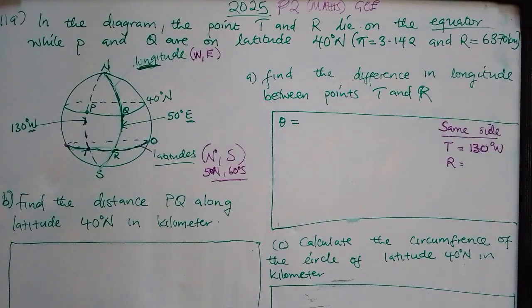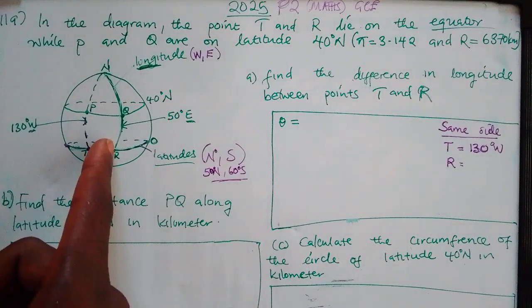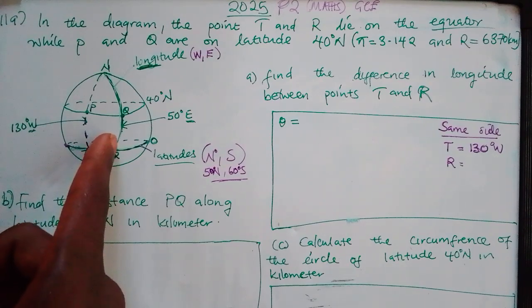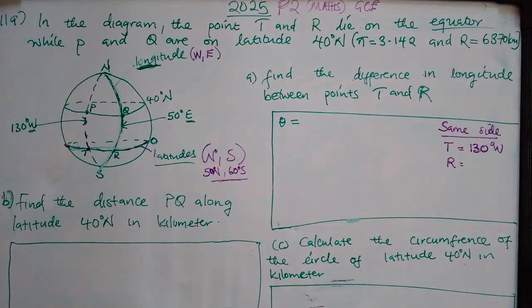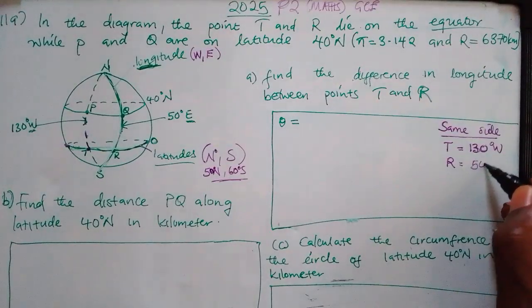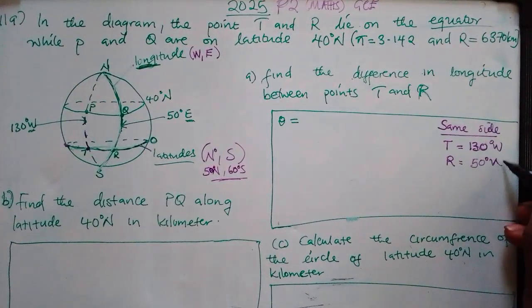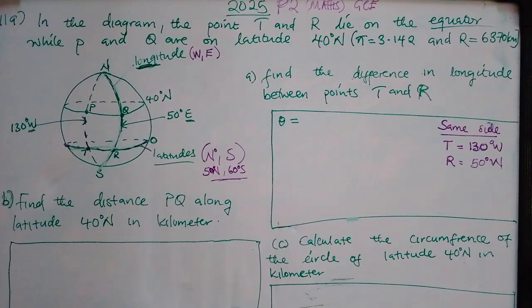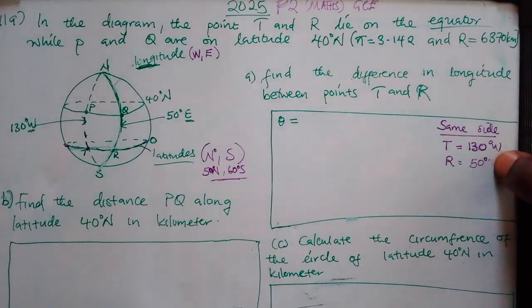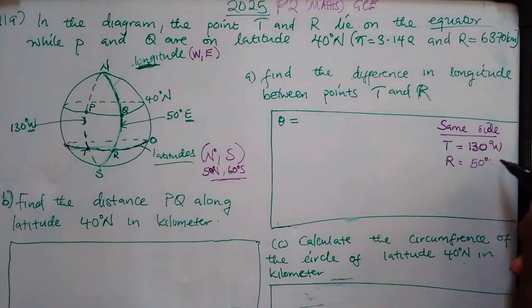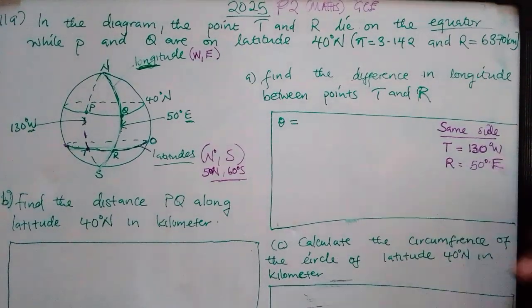Then you apply this on R. When you start going up, you can see that R has a longitude of 50 degrees east. So now how can you calculate the difference? Here you need to pay extra attention. Whenever you have different sides, you add.